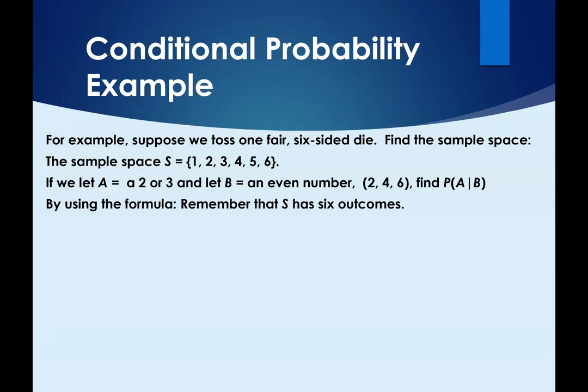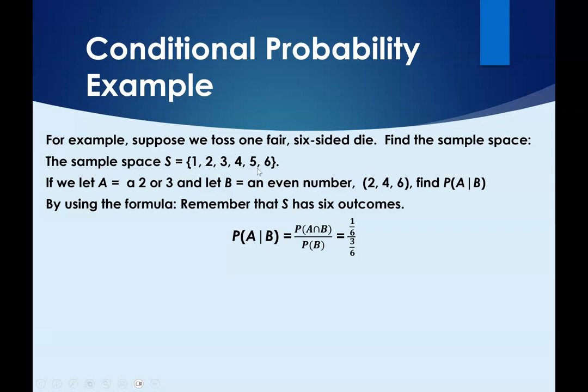So first we're going to look at the formula method. And remember that S has the 6 outcomes here. So using the formula, and you could try this on your own, we would have A given B, probability of A intersect B. We have one shared element from A and B out of 6 for the total sample space.